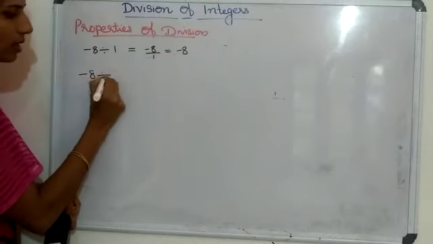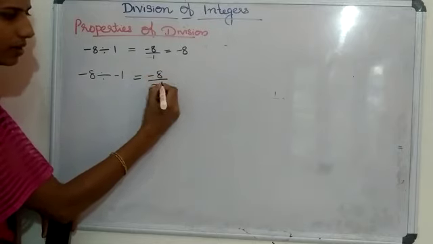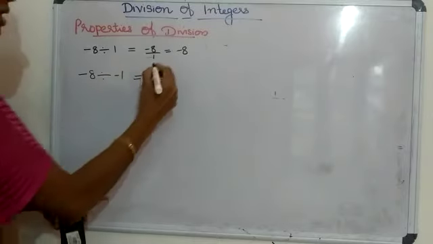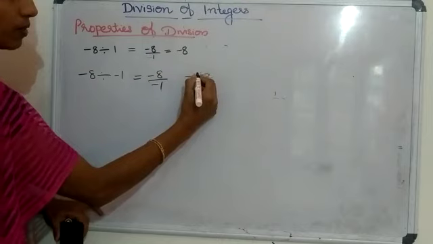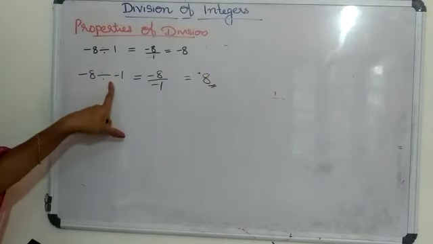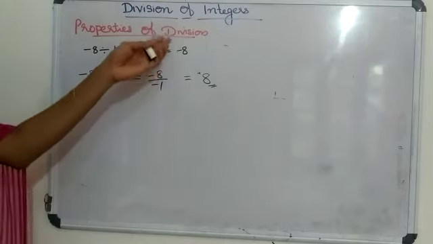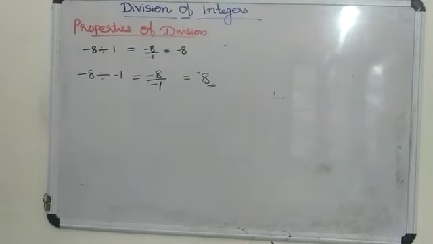Same way, minus 8 divided by minus 1. I told you, when you are dividing two negative integers, divide the numbers first, it is 8, and put positive sign. So when you are dividing a number by minus 1, both the results are different. Okay, that is also one property you have to remember.